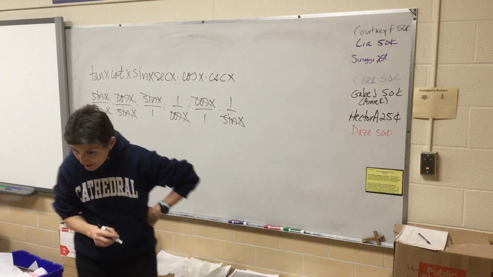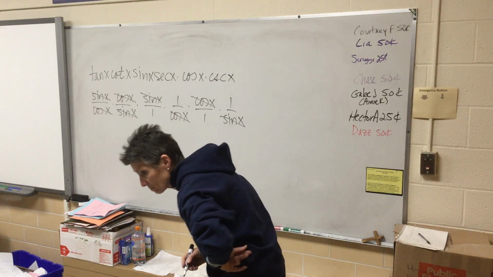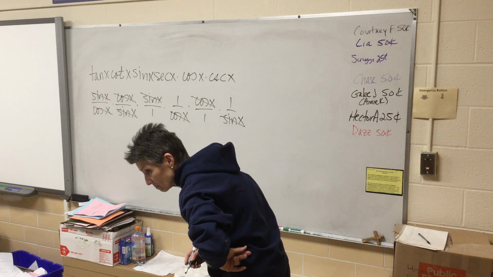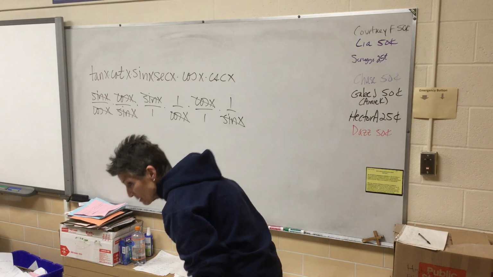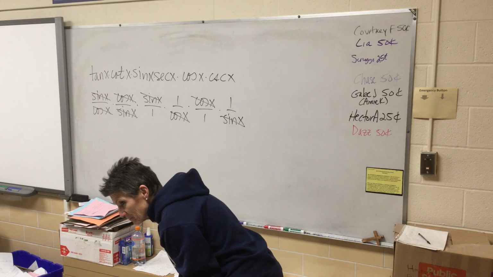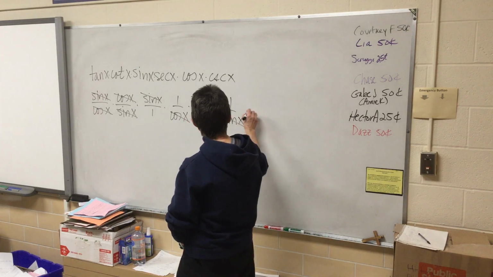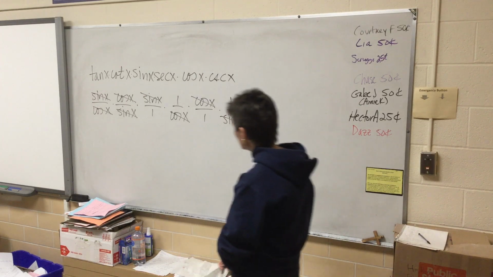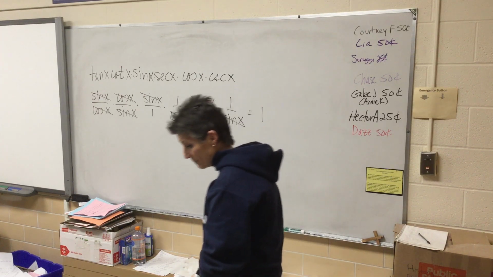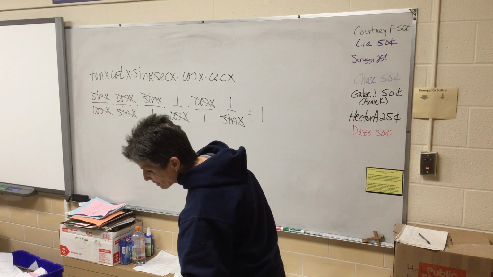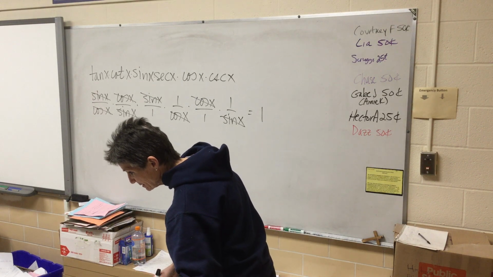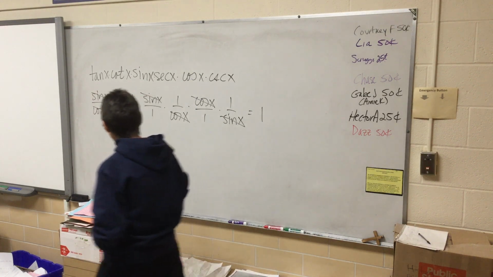Did you get it to all cancel out? Can someone nod or say yes or something? Yeah, so the answer is just 1. Everything canceled, so the answer is just 1. Of course, that doesn't always happen, but it happened this time.